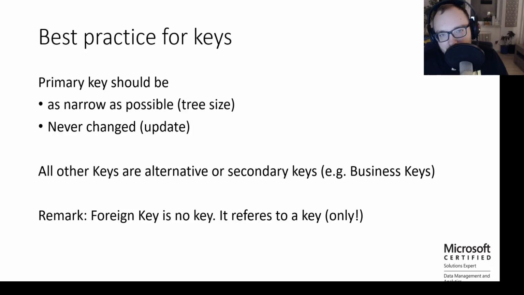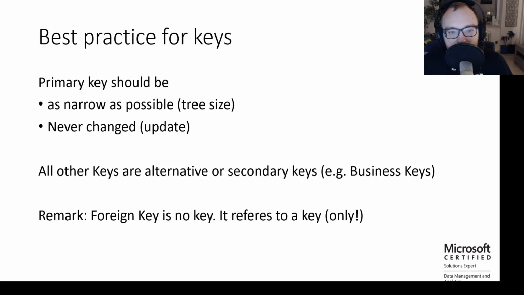If a Miller marries and gets a name starting with A, for instance, then due to the order of the table it needs to be put to the front, so it needs to be reallocated throughout the index, which is an expensive operation and should not happen so often.